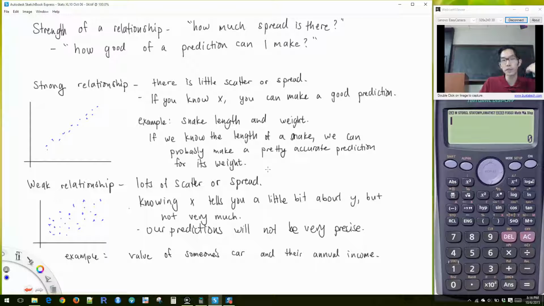And you can have strong relationships in the negative direction. You can also have weak relationships in the negative direction as well. These pictures here are in the positive direction, and the examples I gave are in the positive direction, but they could apply for both positive and negative directions.